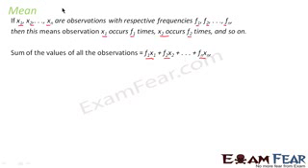For example, let's suppose this is the data: marks obtained, and this is the number of students. Marks obtained 0, there is only one guy who obtained 0. Marks obtained 10, there are 5 guys.